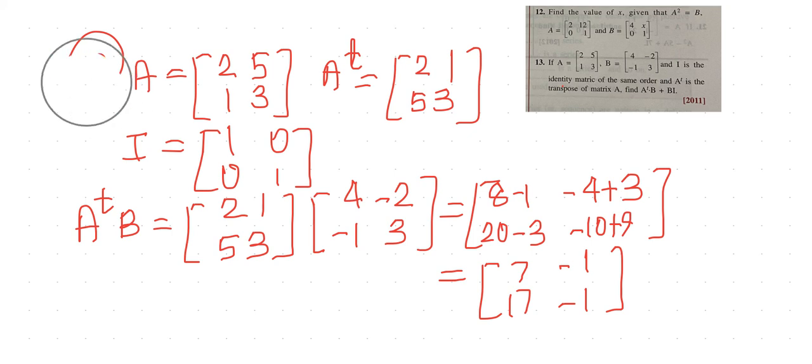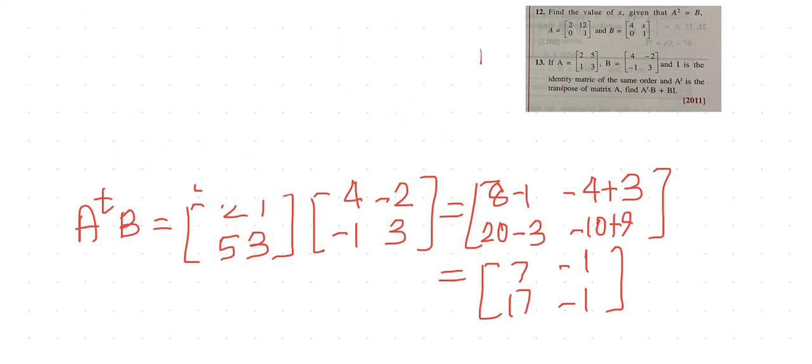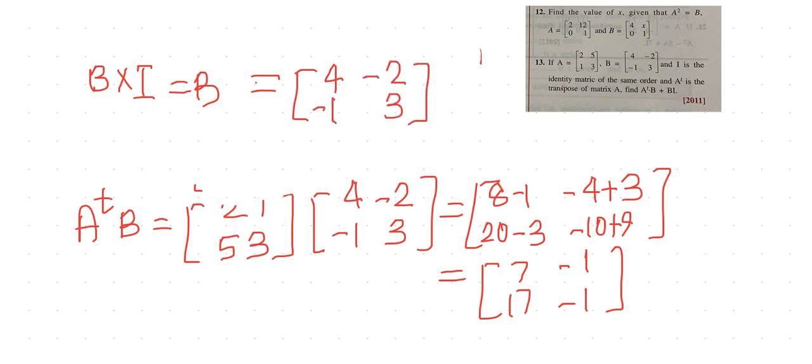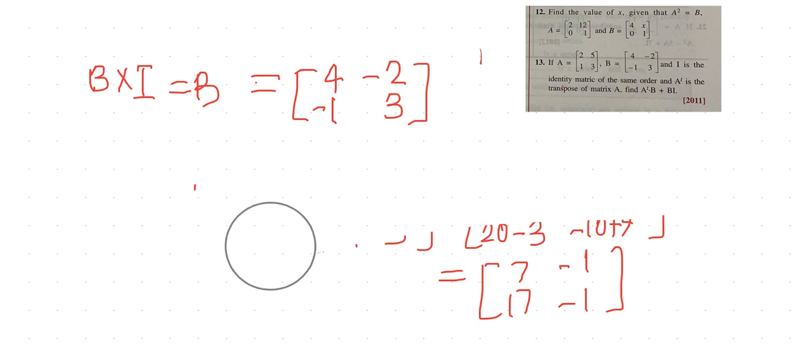And now what will be B into I equal to, children? You already know that B into I will always be equal to B only. This is the property. So this will be equal to 4, minus 1, minus 2, 3. The same thing you are getting. Okay, now what you have to do, you have to add up both of them.